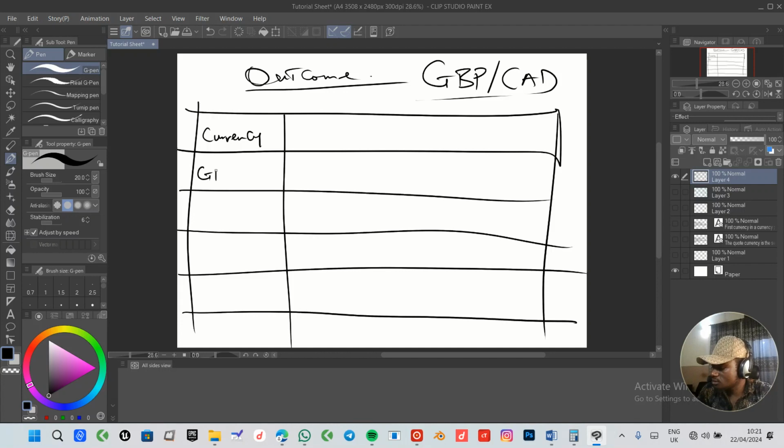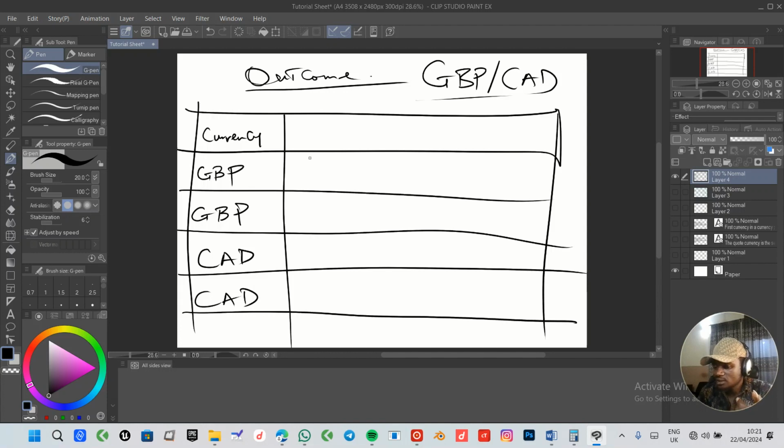GBP. So what you also do again is you still repeat. You're not going to write GBP CAD. Here you write GBP again. Then here you write CAD, Canadian dollar. Then here you repeat Canadian dollar. Now what that is telling you is there are 4 possible outcomes of news.